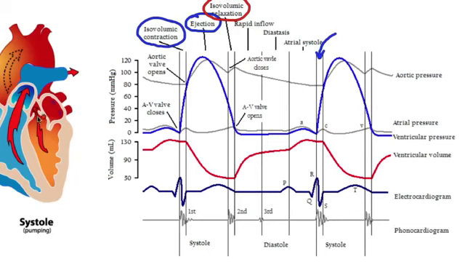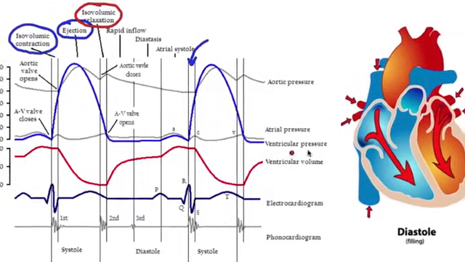And that's because the valves are closed, the pressure is decreasing, so you're going to get a significant drop in pressure while the volume of blood in the ventricle is staying constant. Then once that's done, the ventricles are relaxed, the atria are also relaxed, then we can get ventricular filling, where blood is being sent back.